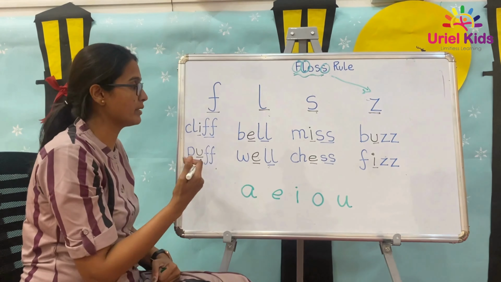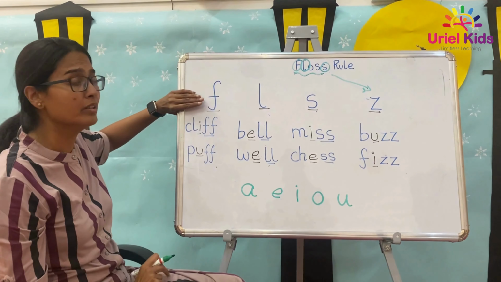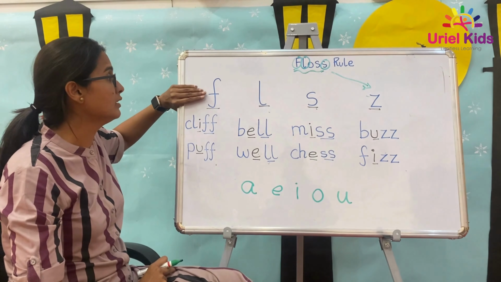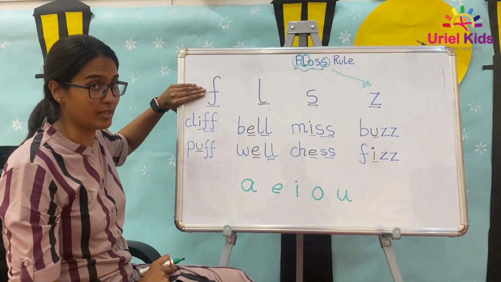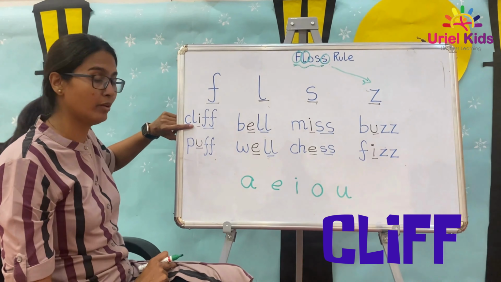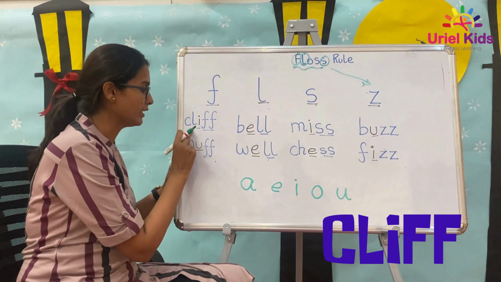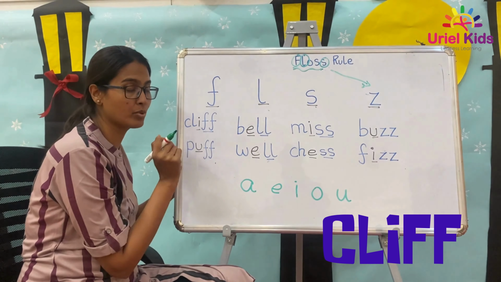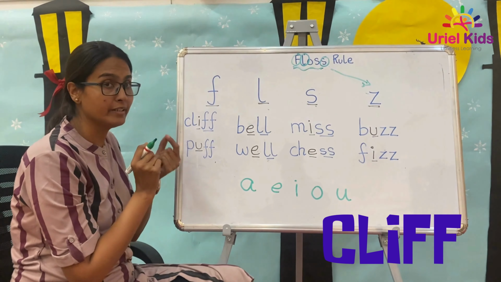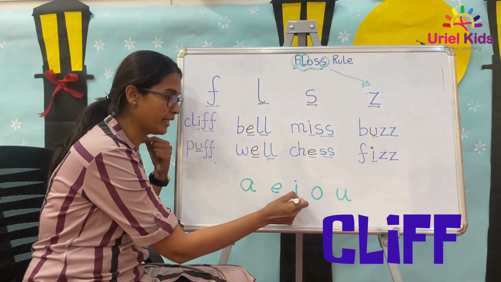Now let's look into some examples. First, one example of a word that ends with the f sound. Let's try reading this word: cliff. When I say cliff, I hear a short vowel sound i.